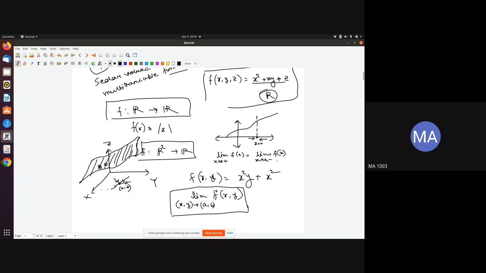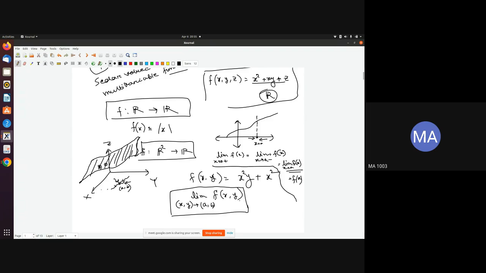If this happens, then we say the limit as x tends to a of f(x) exists. And then for continuity, there are two conditions. First, the limit has to exist. Then that should be equal to the value f(a). Then we call that function continuous.